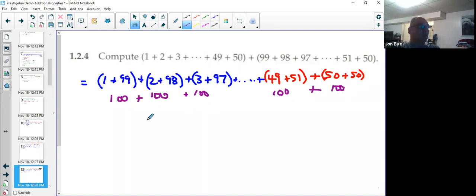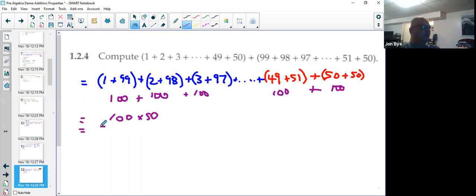So there are, as you said, 50 hundreds, or 100 times 50. Either way, 50 times 100. What's the answer going to be? 3 zeros, so it's basically 5,000.